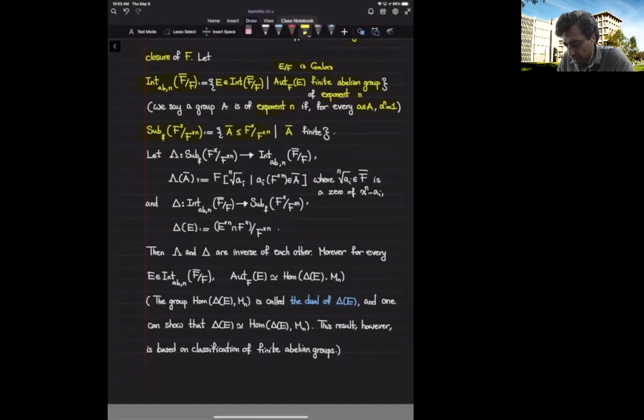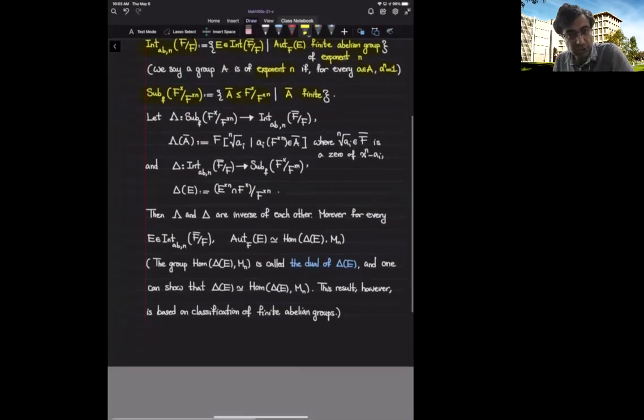So on one hand, I'm working with finite Galois abelian extensions of exponent n. On the other hand, I am working with finite subgroups of F cross over F cross to the n. Alternatively, I'm working with finite abelian quotients of automorphisms of F bar over F that have exponent n, and finite abelian quotients of F cross that have exponent n.